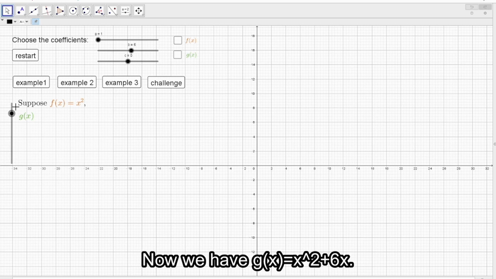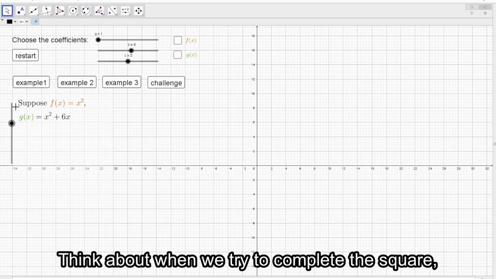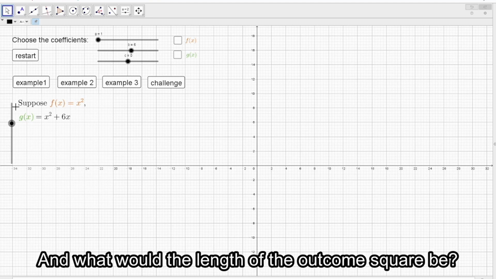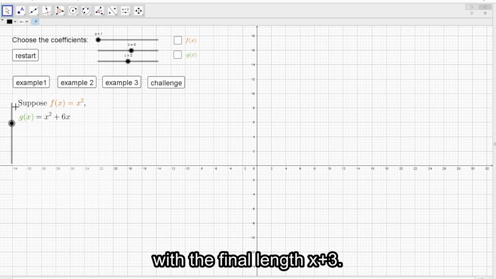Now, we have g of x equal to x squared plus 6x. Think about when we try to complete the square, how many tiles we have to add, and what would the length of the outcome square be? Hope you still remember. We need to add 9 tiles with the final length x plus 3.